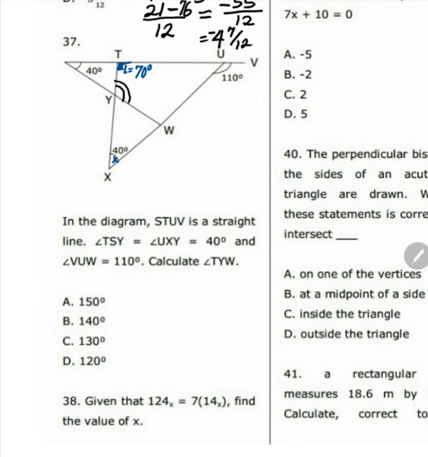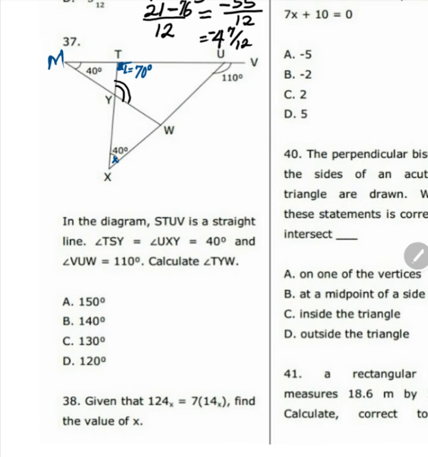In the same way, if we consider the triangle we have here, let's say MVW, the angle here, which is VUW, is exterior to that triangle as well. So the exterior angle is equal to the sum of the opposite interior angles.